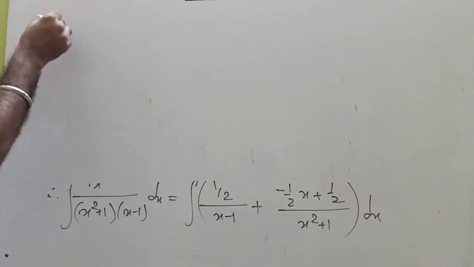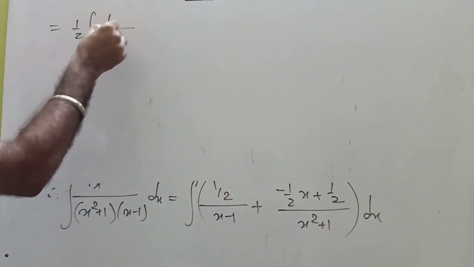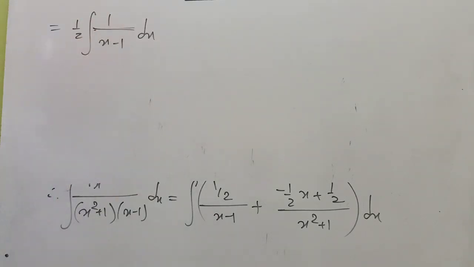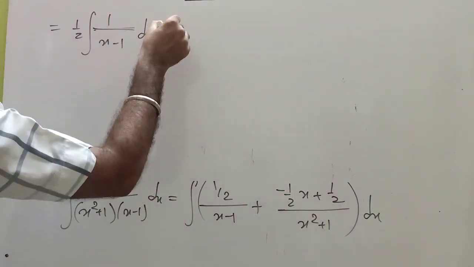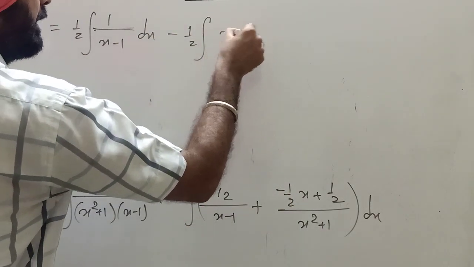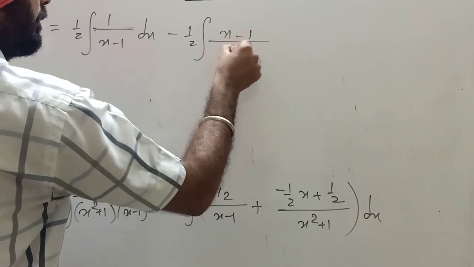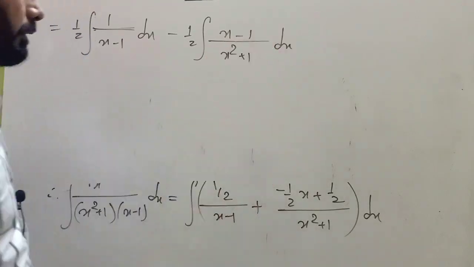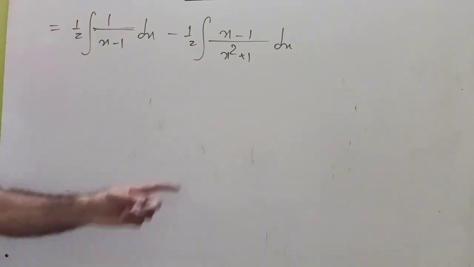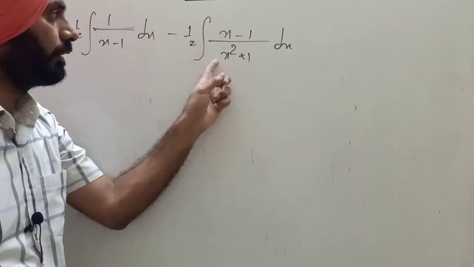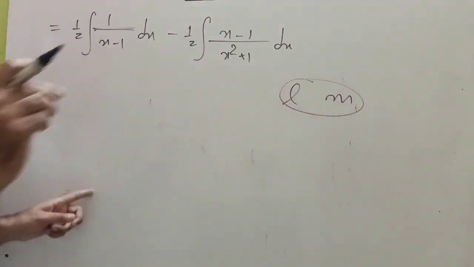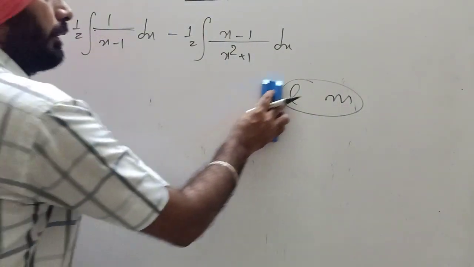The first integral is very simple, 1 by 2 integral of 1 by (x minus 1) dx. For the second, take negative half common: (x minus 1) divided by (x square plus 1). Clear? Now this is the type we have done already, linear over quadratic, and we can apply that method.